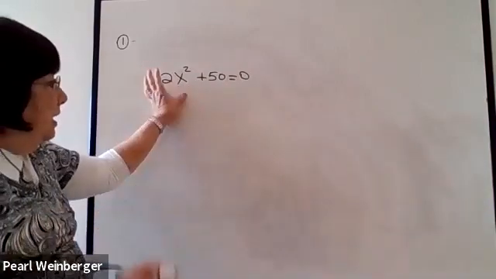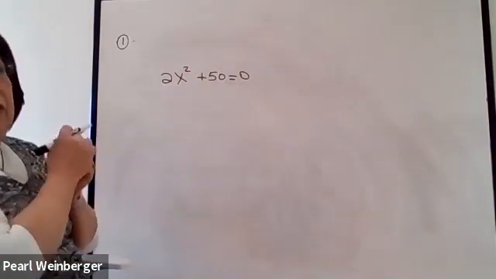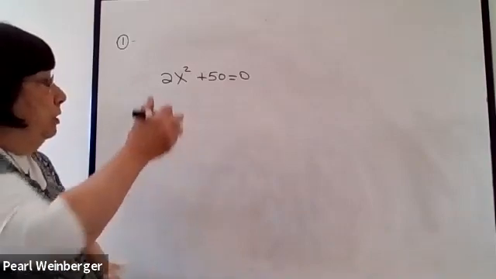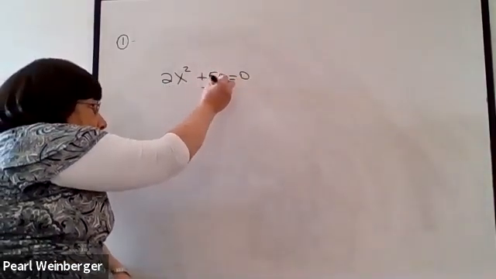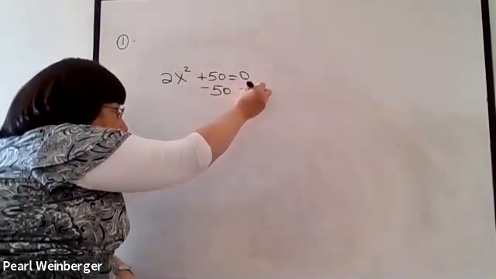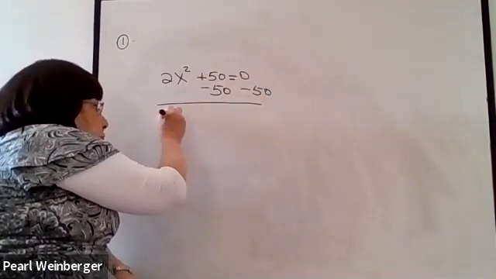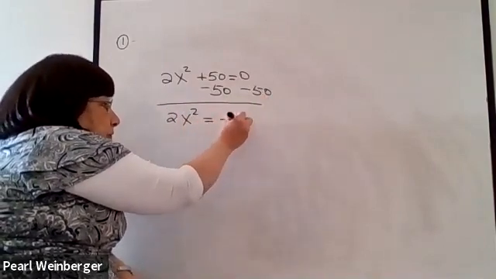It just has an x squared and a number. Instead of trying to factor it, I'm going to do what I did before. I'm going to bring the 50 to the other side, which will give me 2x squared equals negative 50.